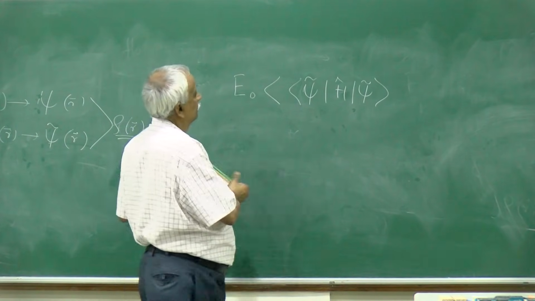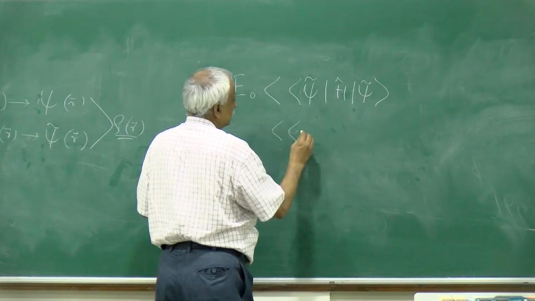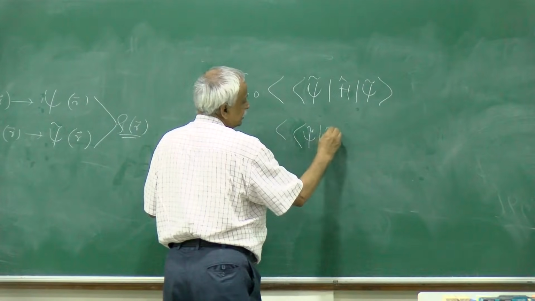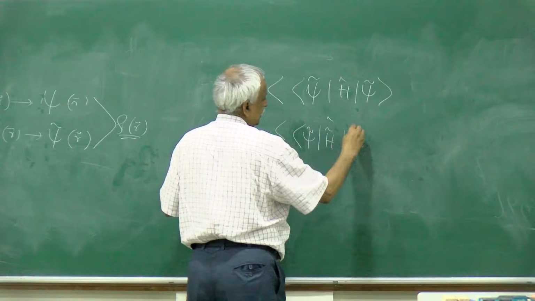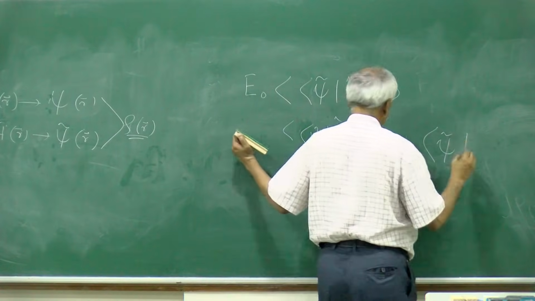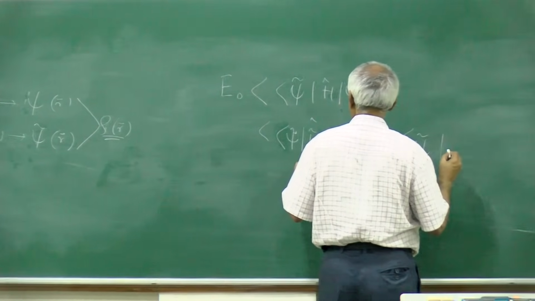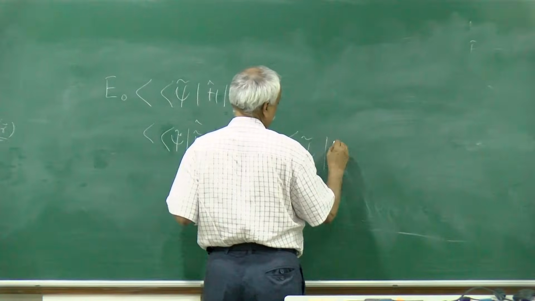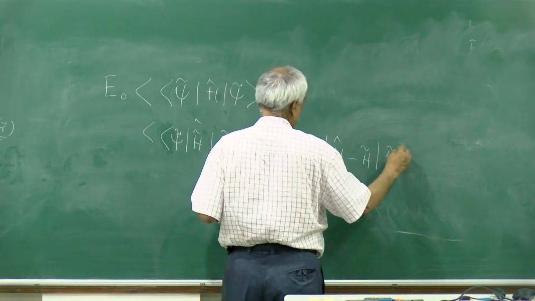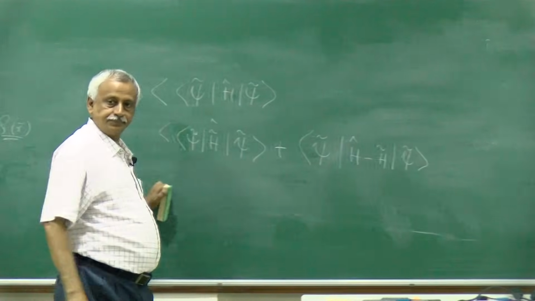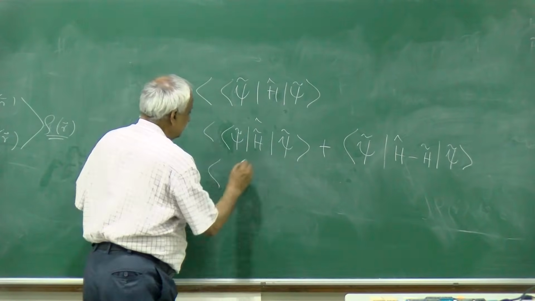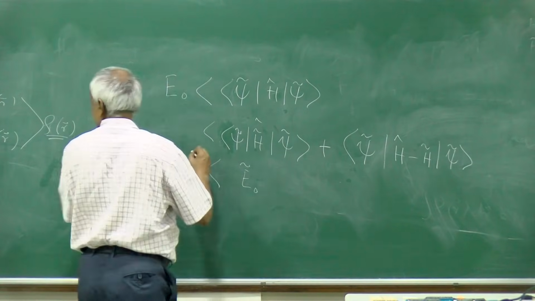Now here, if I simply write this as <psi tilde|H tilde|psi tilde> plus the difference term, if you add this, you will get this. But this one is what? It is your E0 tilde.